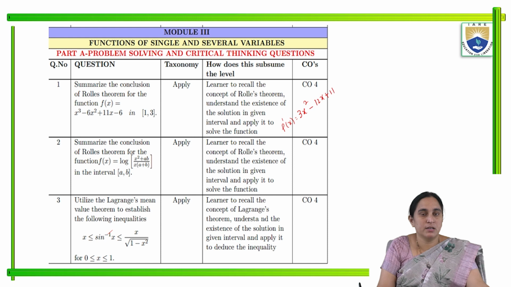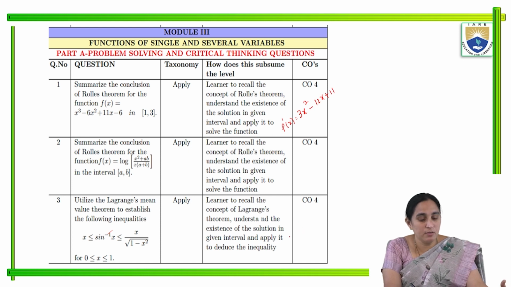First, the function must be continuous in the closed interval a comma b, and differentiable in the open interval a comma b. After that, there exists c belongs to (a, b) such that f dash of c is equal to f of b minus f of a by b minus a. This is the statement of Lagrange's theorem.